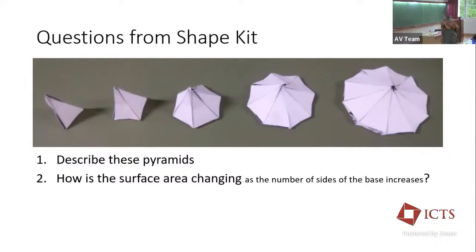So that's a very clear increase. The other thing is, as the number of sides increase, the base area increases. So it's very, very clear, right? And you don't have to do a lot of calculation to figure this out.